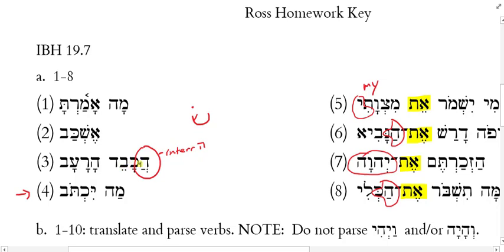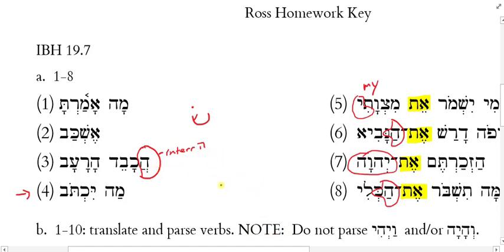So let's drop it for just a second. If all I had was kaved ha-ra'av, would that be a question or a statement? There would be a statement. What would it mean? How would you translate it without the ha? Kaved ha-ra'av. The famine is or was heavy or severe. The famine is or was heavy.